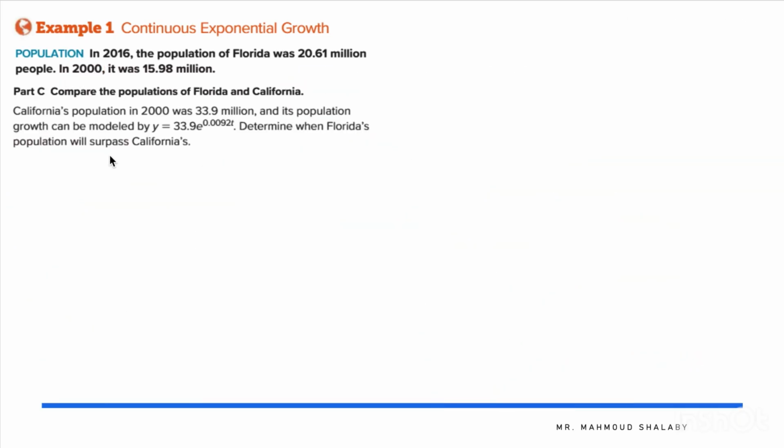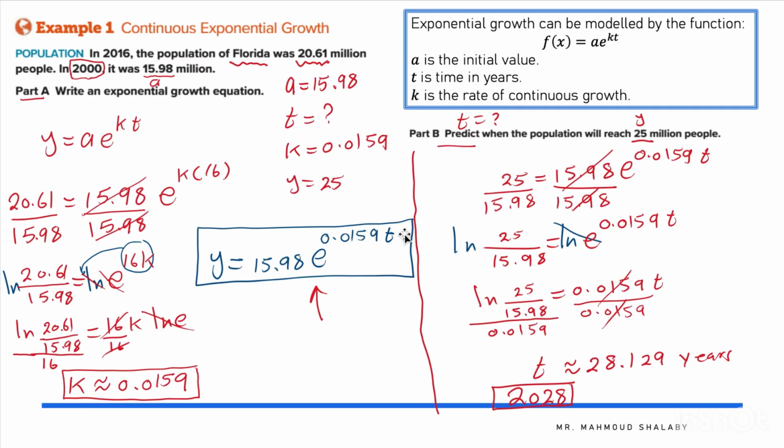Alright, here is part C, and in part C we will have a different type of question. It's like comparing the population of two cities, like compare the population of Florida and California. So actually we need to go back, because I need this equation, which gives me the population of Florida at any time t.